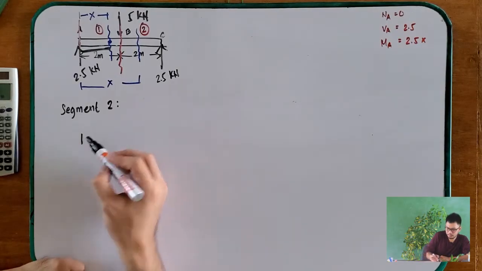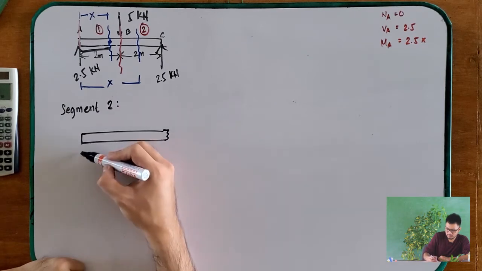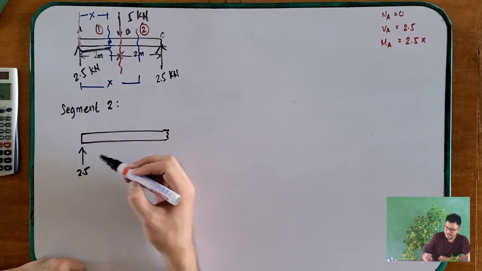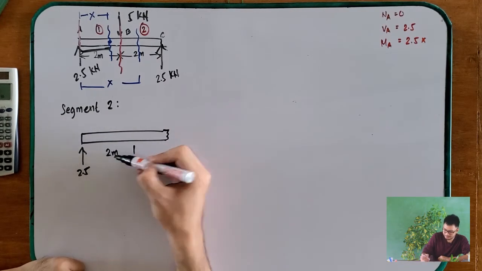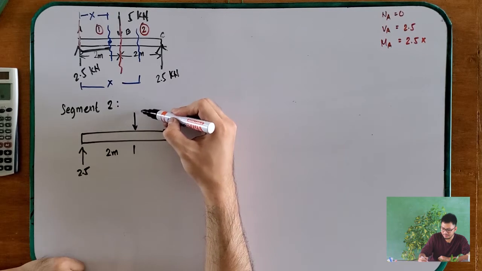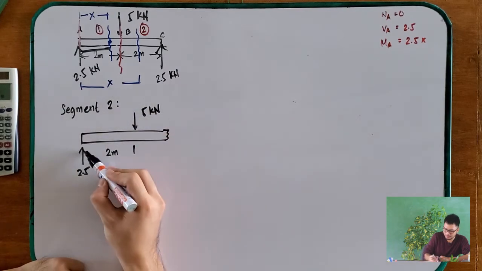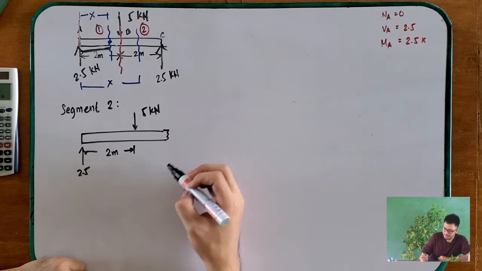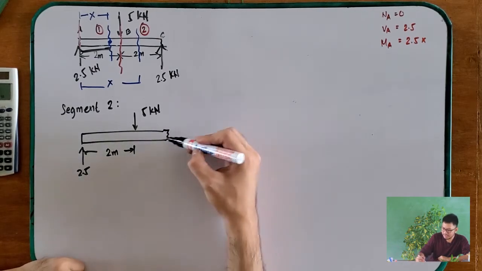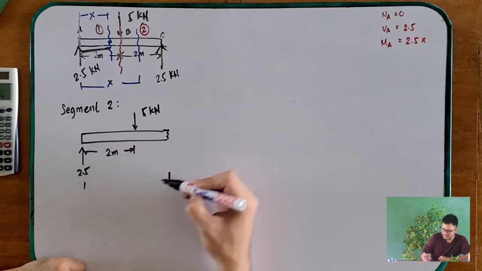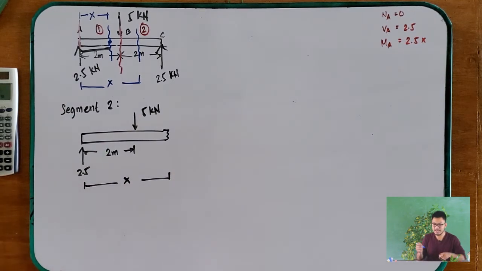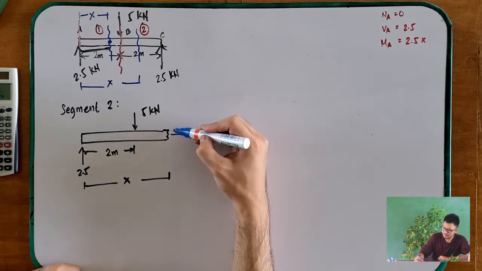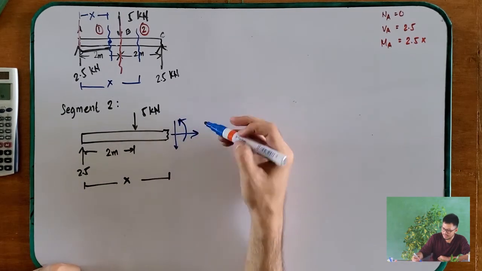Let's make a free body diagram. This is 2.5, and after 2 meters you have a 5 kilonewton load. And you cut here, and that distance is arbitrary. That is x. And again, we have the sign convention.